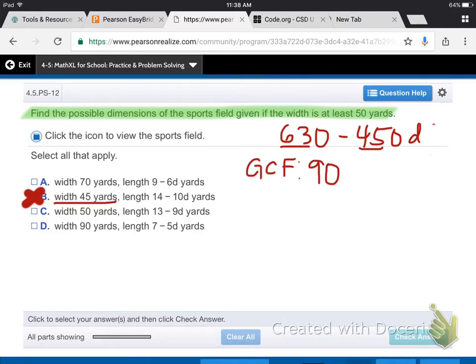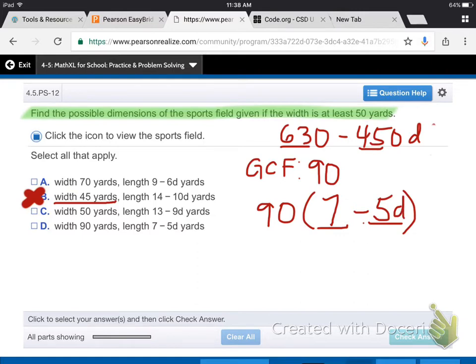If you can't do that in your head, like I can, or like hopefully I'm hoping you can, but if you can't, do a factor tree. So we're going to take our GCF and multiply it by something minus something else. So 90 goes into 630 7 times, and it goes into 450 5 times d.